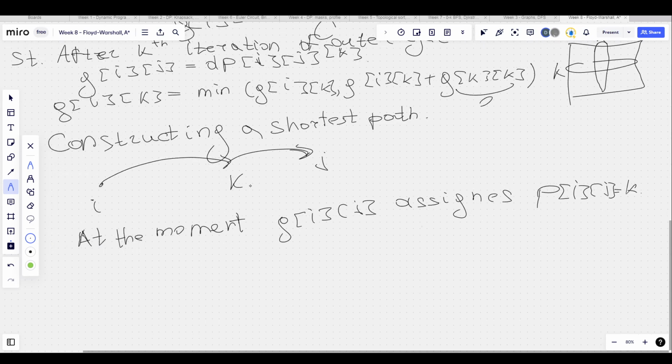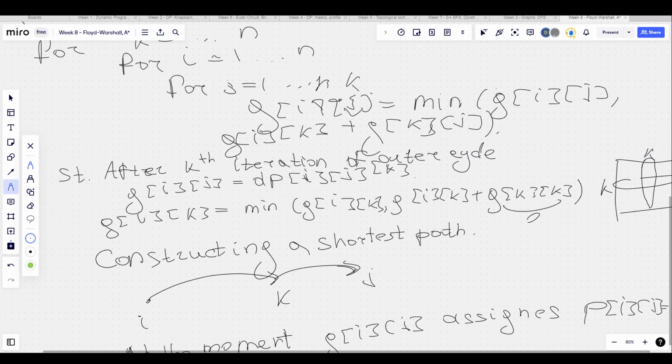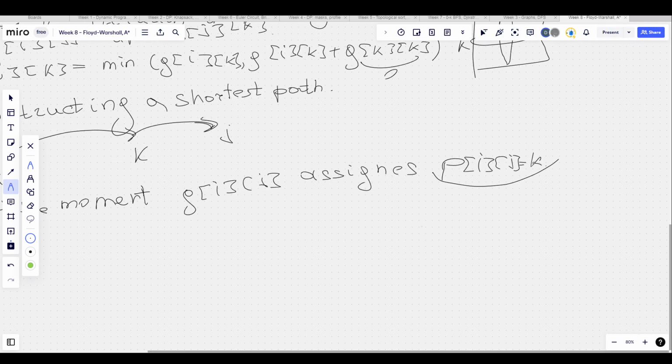If we imagine our path, in this line, the last time we update g i j by some k, the path will include this vertex k. So we create an array p that contains only the vertex with the highest number.